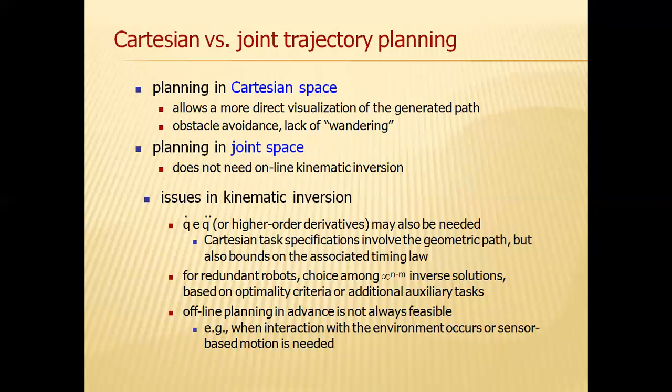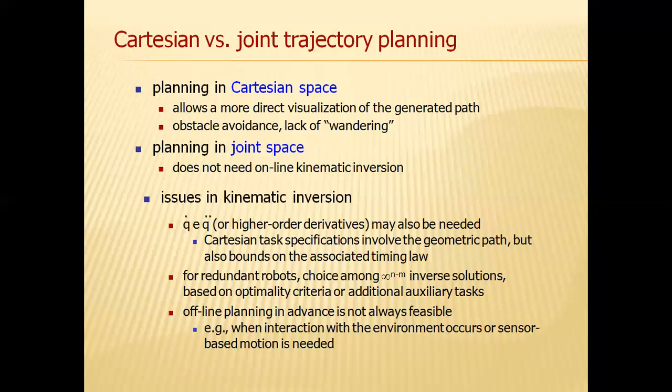Planning in a joint space does not need online kinematic conversion. The major issue is kinematic inversion, that is q dot versus q double dot, in the case of joints, where higher order derivatives are also needed.